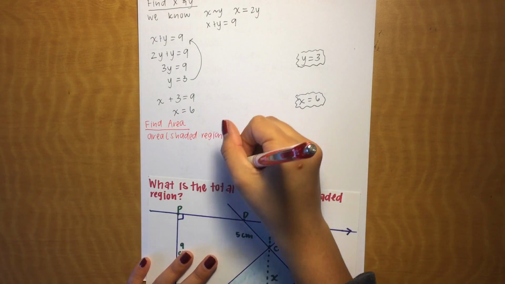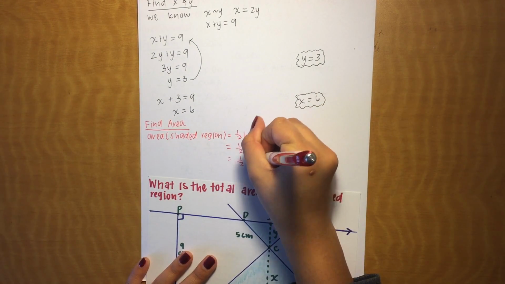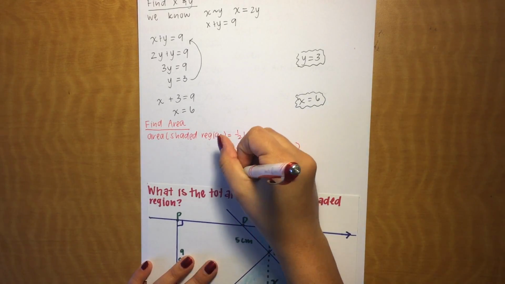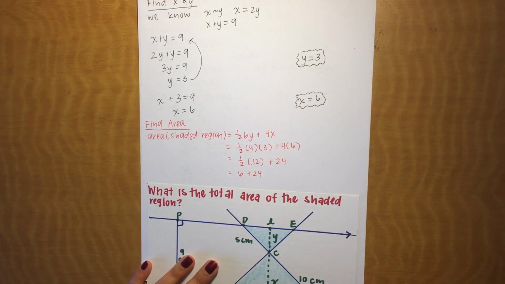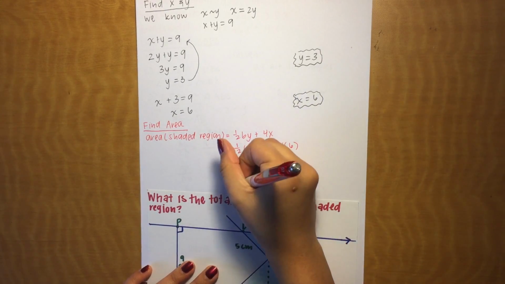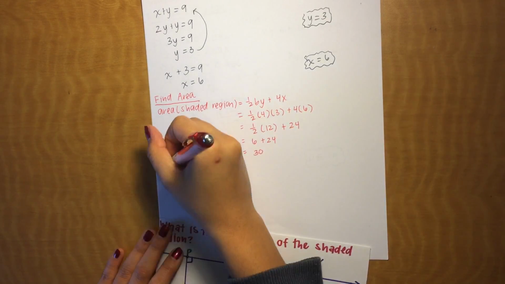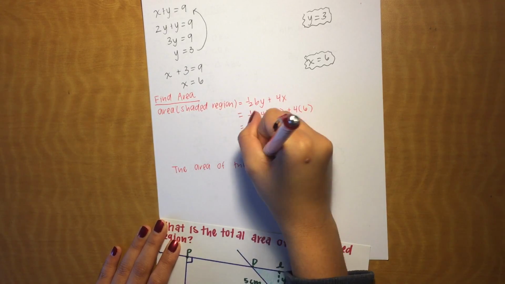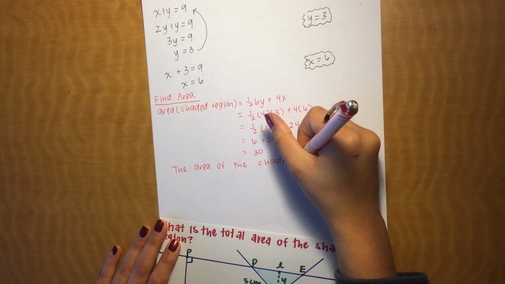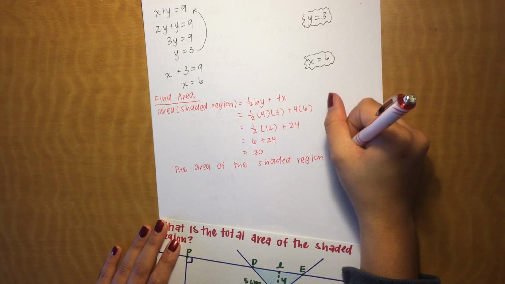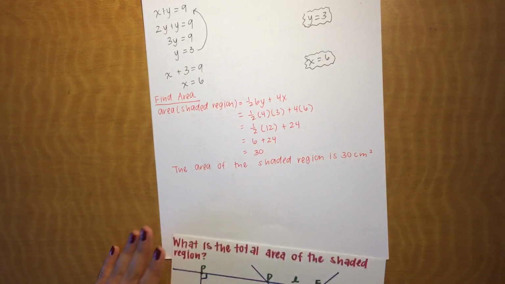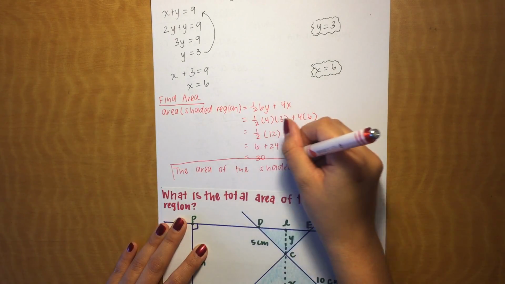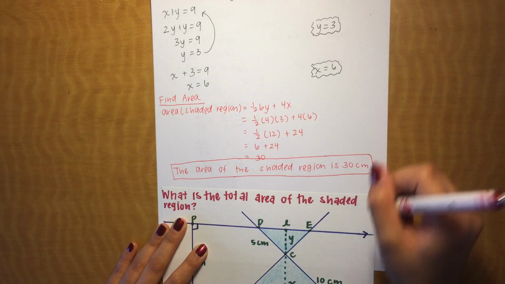Now all we have to do is simplify. You have 1/2 times 12 plus 24. 1/2 of 12 is just 6, and 24 plus 6 is 30. So the area of the shaded region is 30 centimeters squared, since that is our units. And there we go.